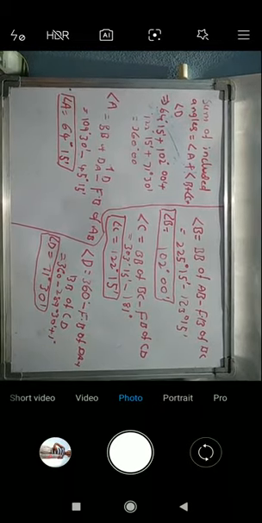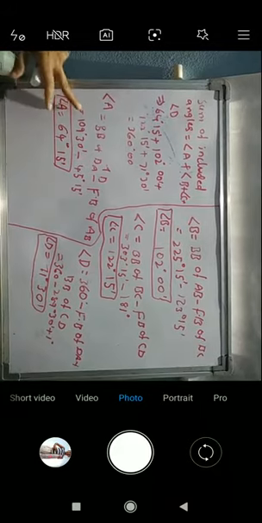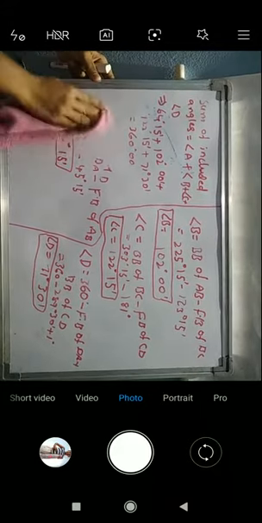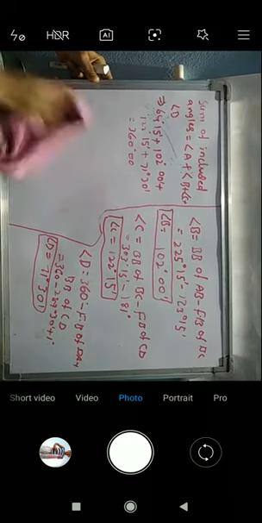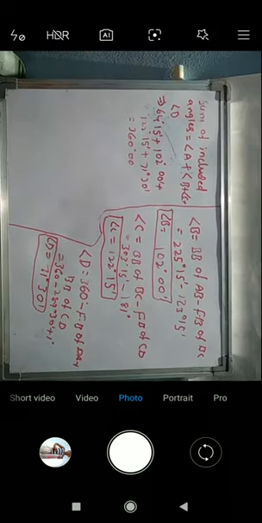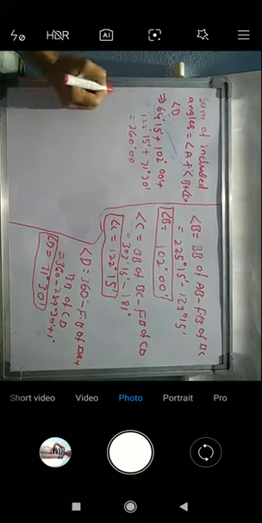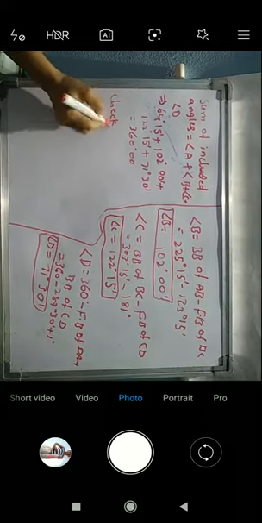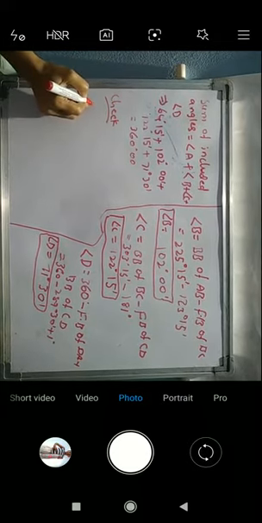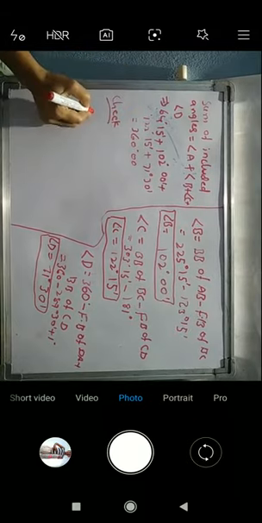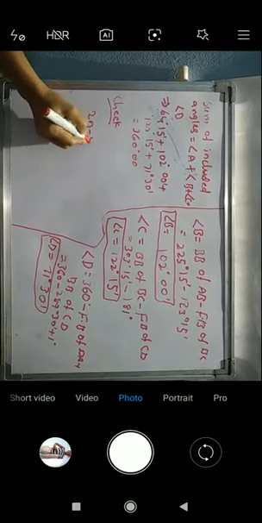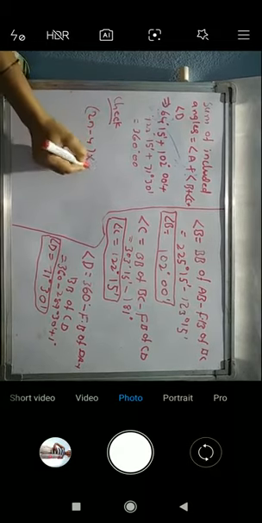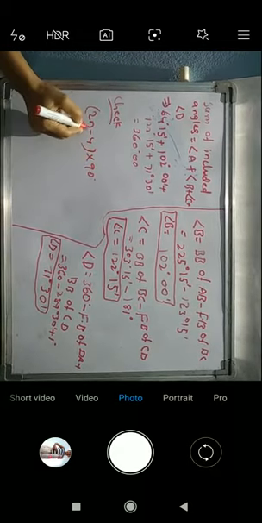Check: sum of included angles must be equal to 2n minus 4 into 90 degrees. What is n?